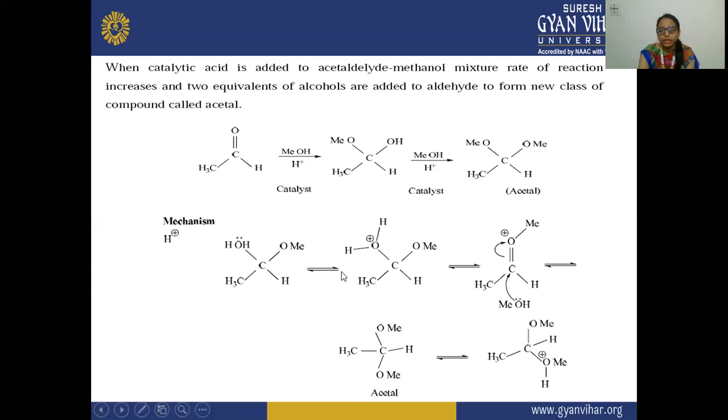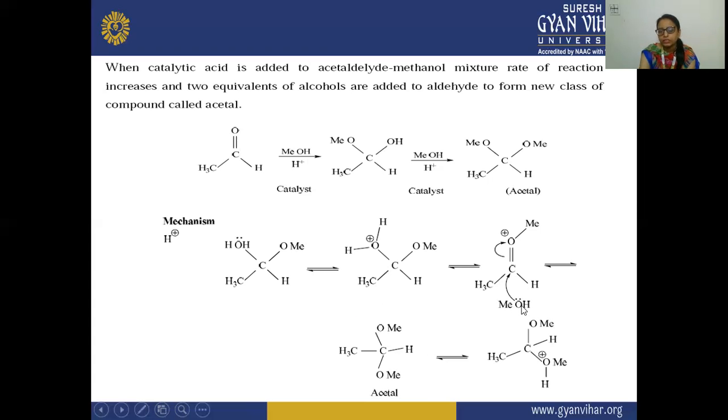And then when it is again reacting, this water molecule is removed from here, and there is a formation of this double bond. And again there is a reaction of this MeOH. MeOH is reacting to this carbon atom, and this oxygen is withdrawing electrons from here, and it will form an OMe. This OMe will react to this position, and there is a formation of this acetal.